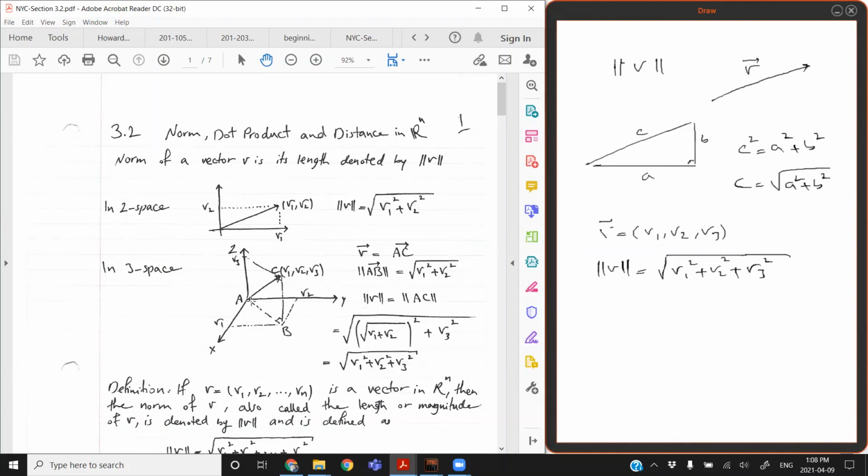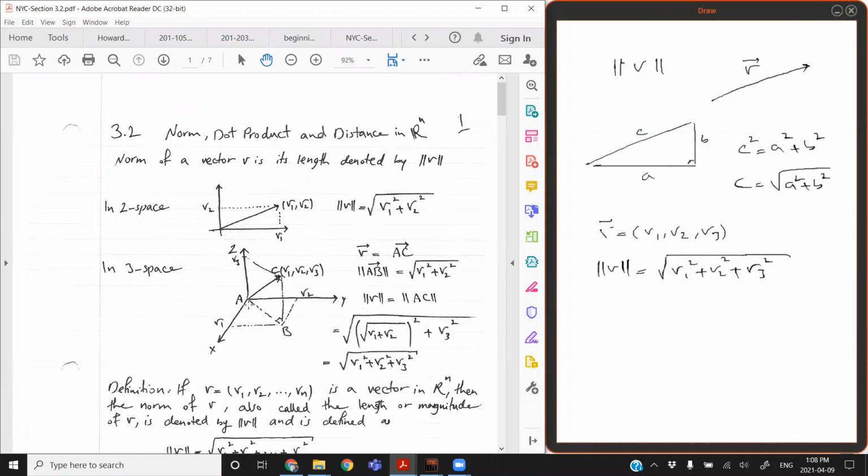Now, one of the sides of that triangle is basically the hypotenuse of another right triangle, the one that's here. So think of AB as the hypotenuse of this triangle, and the length of AB is simply going to be v1 squared, which is the length of this, plus v2 squared, which is this length here, square rooted. So that would be the length of AB.